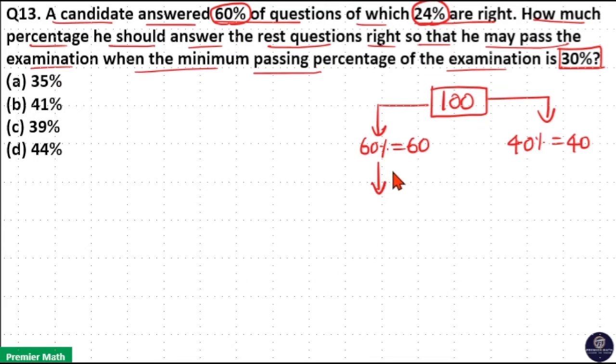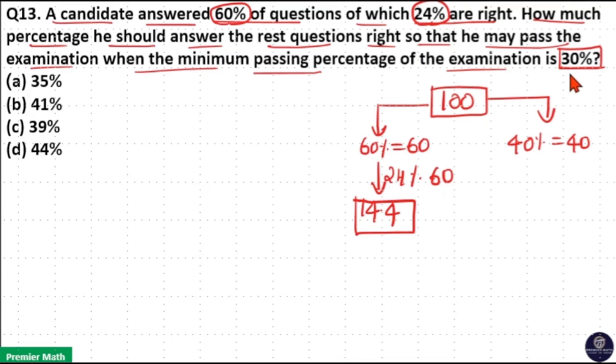That means he corrected 24% of this 60 questions. 100% of 60 is 60, 10% is 6 and 1% is 0.6. So 24% is 0.6 into 24 which is equal to 14.4 questions. So he already corrected 14.4 questions out of the 60 questions.